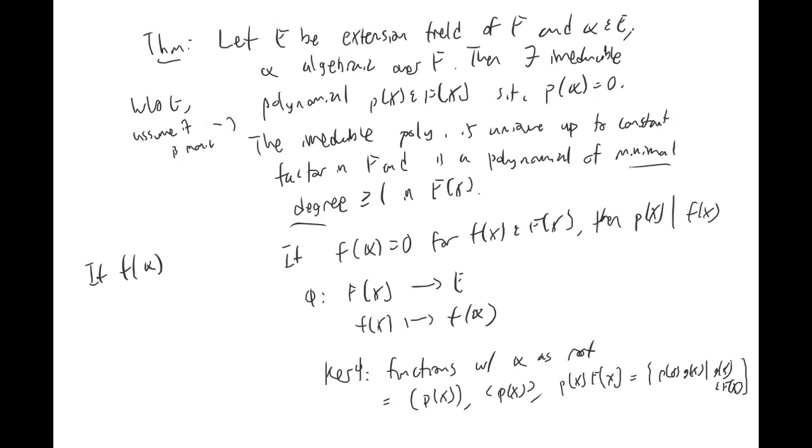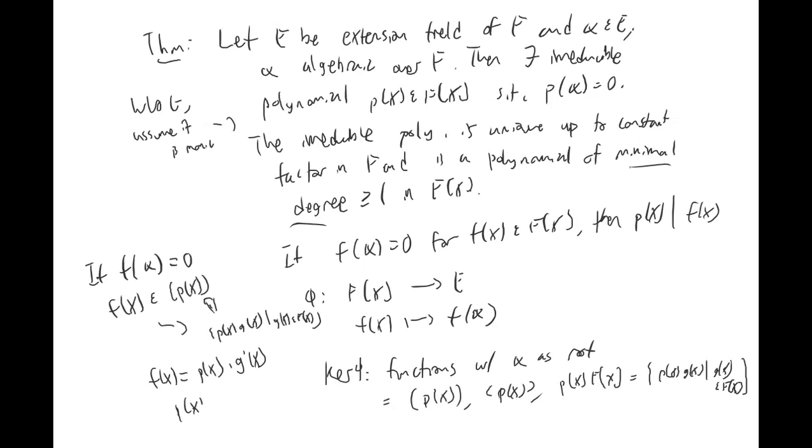The last statement follows because if f of alpha is 0, f of x is in the kernel, and the kernel is generated by P of x. By definition, if you belong to this set, then f of x equals p of x times some g prime of x, and that precisely means that p divides f. So the last statement is clear by definition.